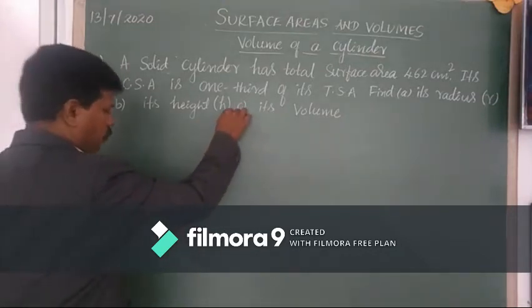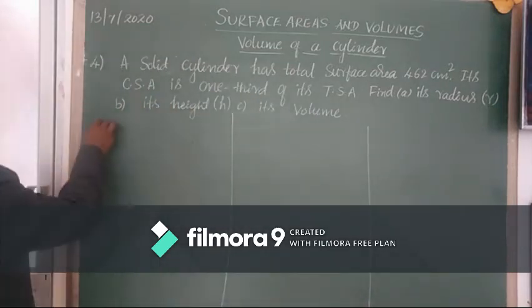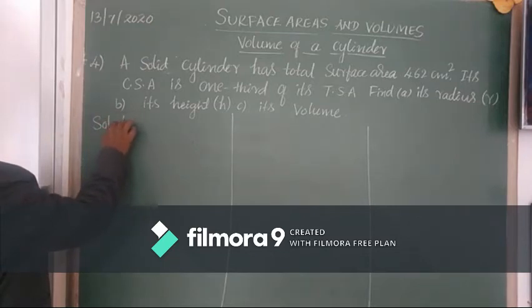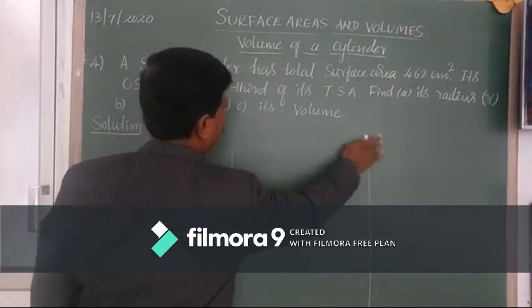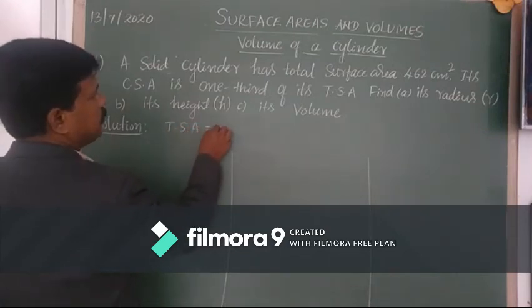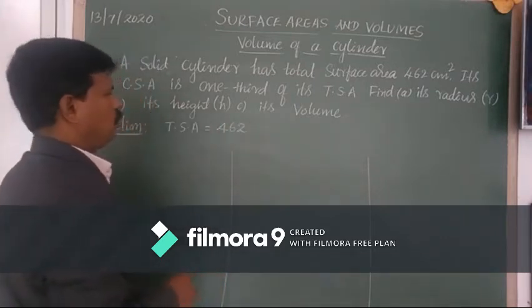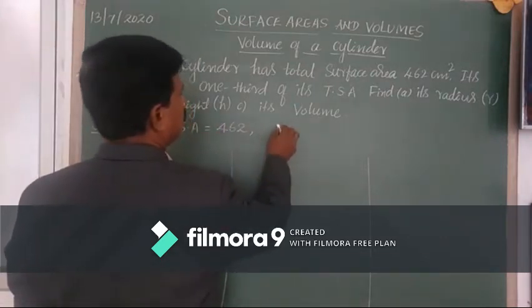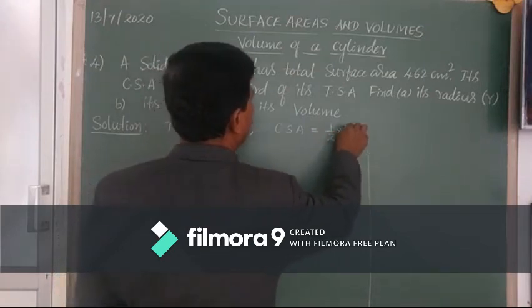Right. So I will make 3 columns, 3 parts. Now solution first. What is given we will write first. TSA is 462, right? And CSA is equal to 1/3 of TSA.